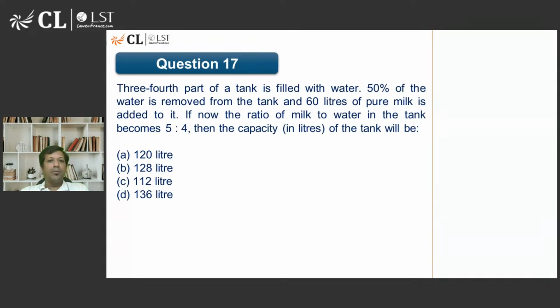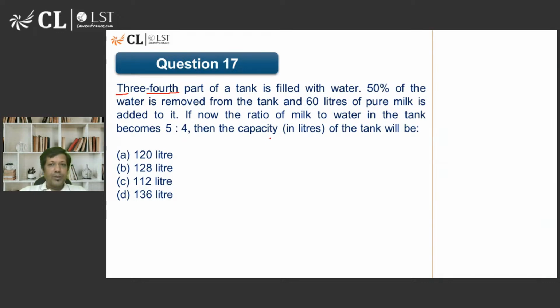Okay. Now let's come to this one. Now 3/4 part of a tank is filled with water. What is important is that 3/4 part of the tank is filled with water and 50% is removed.